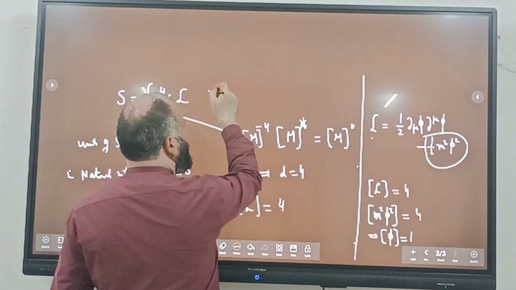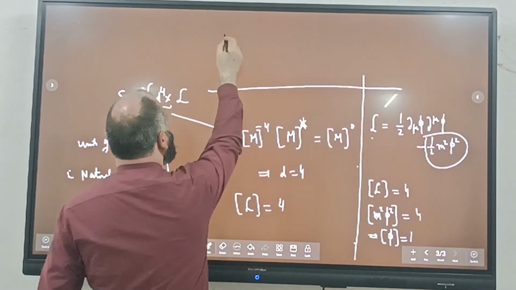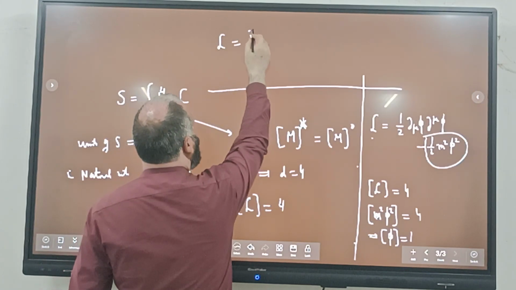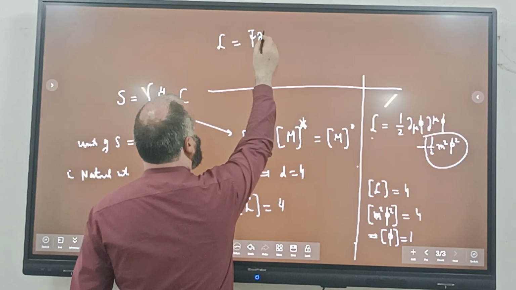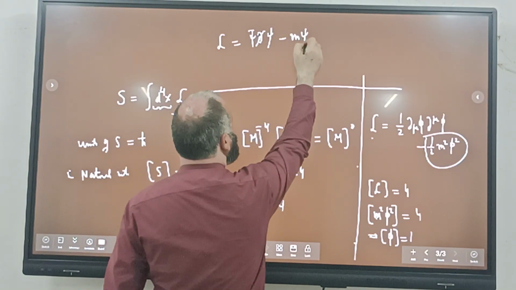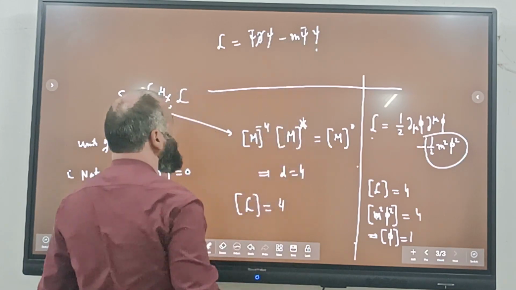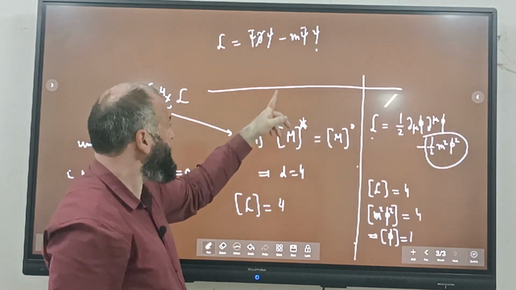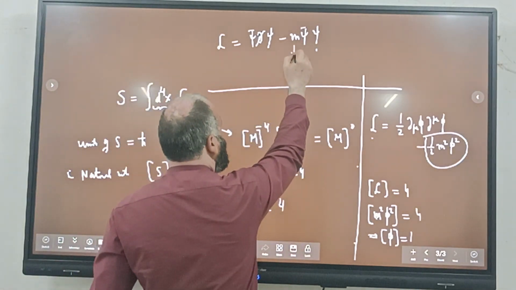So now let's take a Dirac field. So you have L is equal to psi bar, i partial slash, I mean gamma mu partial mu, minus m psi bar psi. Take the last term. So the dimension here is what?